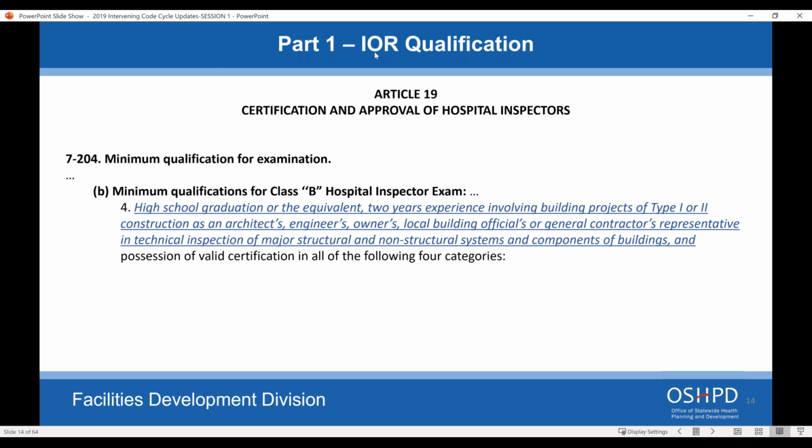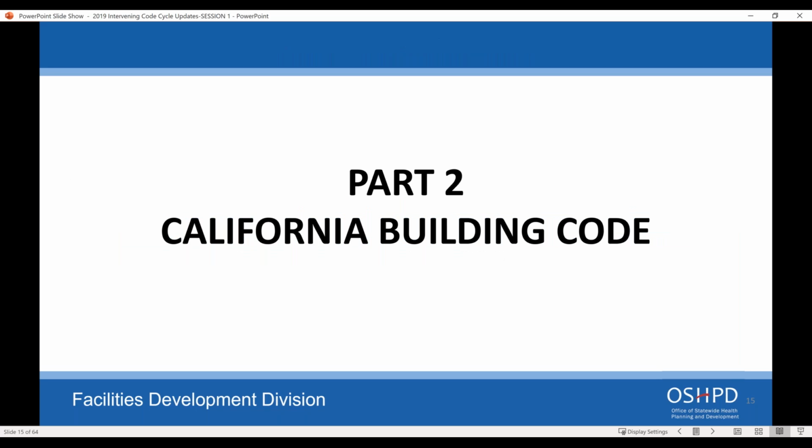That's basically adding the high school graduation or equivalent, 2 years experience involving building types of type 1 or 2 construction as an architect's, engineer's, owner's, local building official's or general contractor's representative in technical inspection or major structural, non-structural system components of the building, and possession of the valid certificate of all the following categories, and those have not changed. Basically, it's adding this 2-year experience and the high school graduation that was mistakenly left off previously. So that's it for part 1.